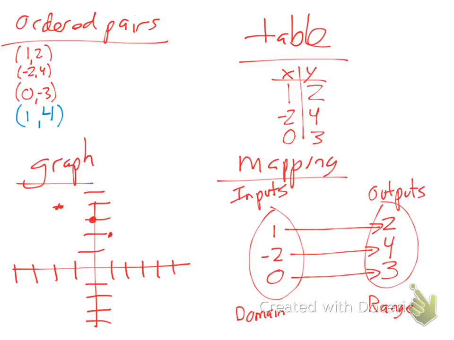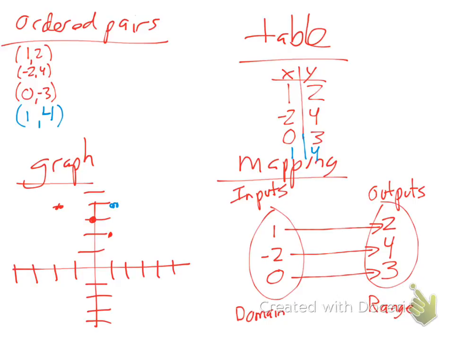Let's put 1, 4 into this mix. Then I have to go to my table. I have to put 1, 4 onto my table as well, right? I also then need to graph it. 1, 4, there it is. But then I have to go to my mapping, because this is where I think the biggest difference comes in.